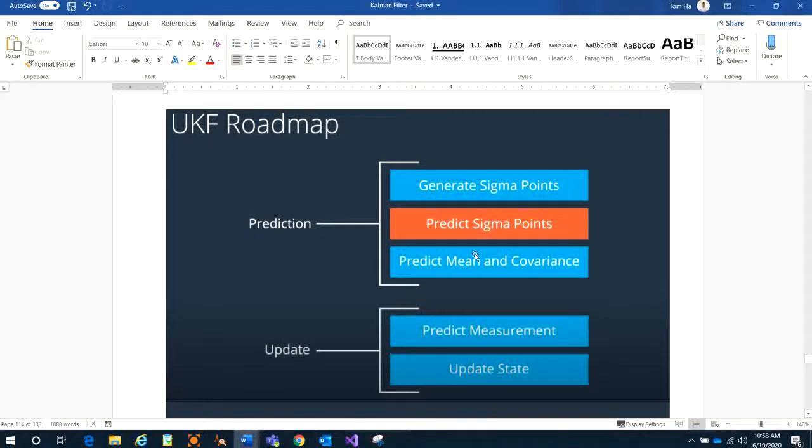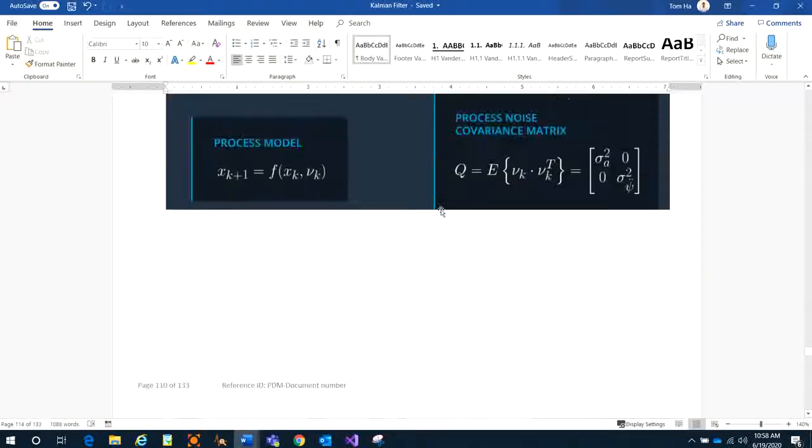Okay, we already generated the sigma points. So what is the next step in prediction? We have to predict the sigma points. After generating the sigma points, we predict the sigma points, like the picture right here.